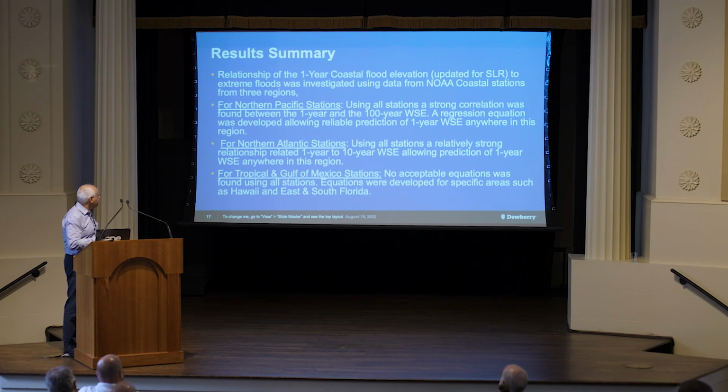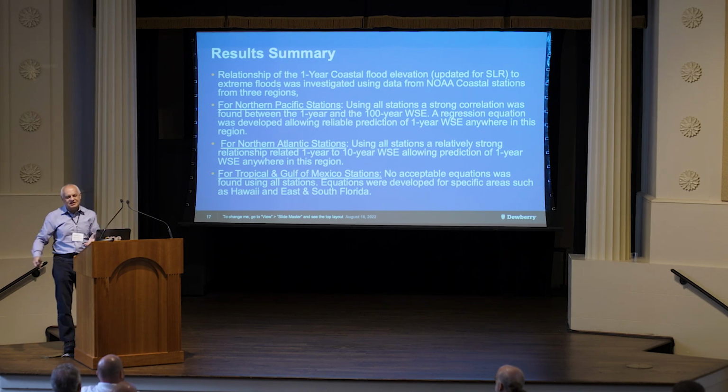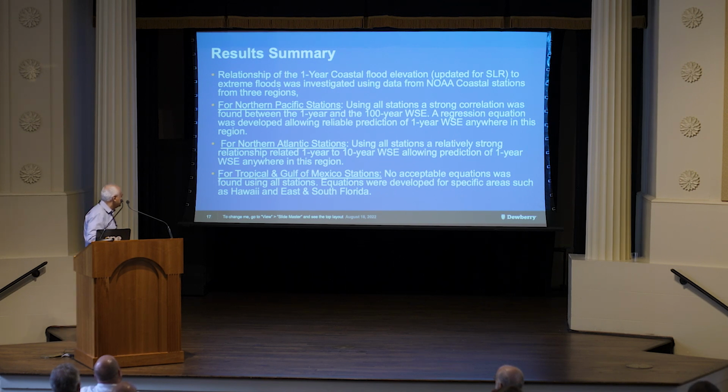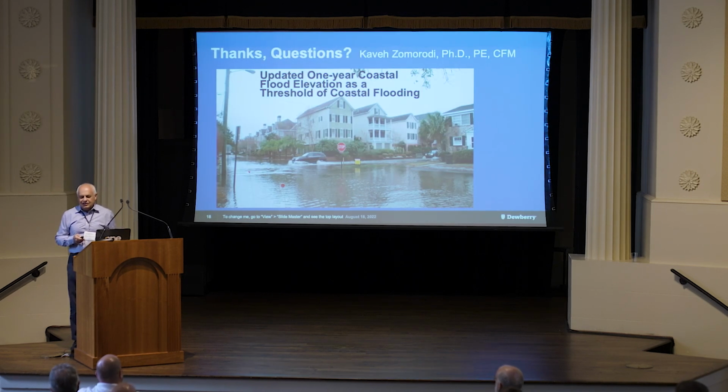And for the tropical region and Gulf of Mexico stations, no acceptable equation was obtained for the entire region. We had to go down to sub-regions, as I explained with a couple of examples for Hawaii and Eastern South Florida.